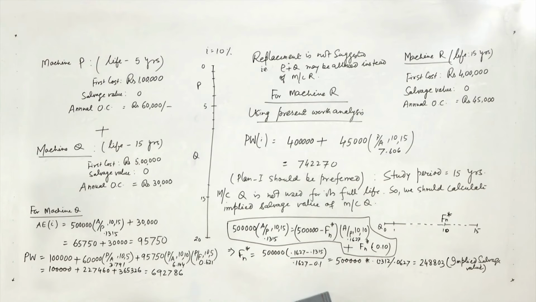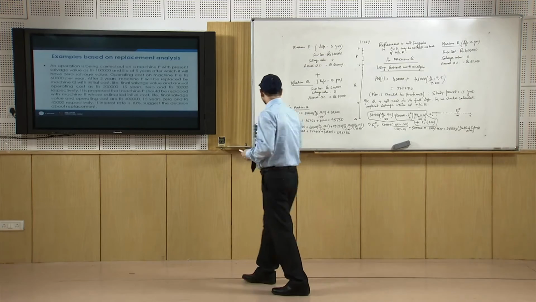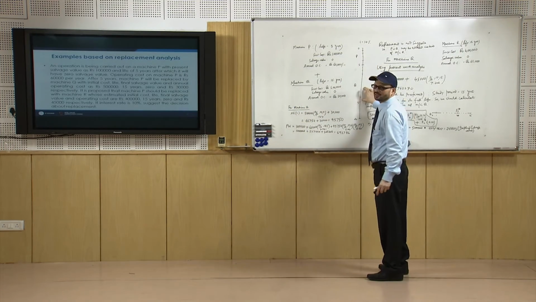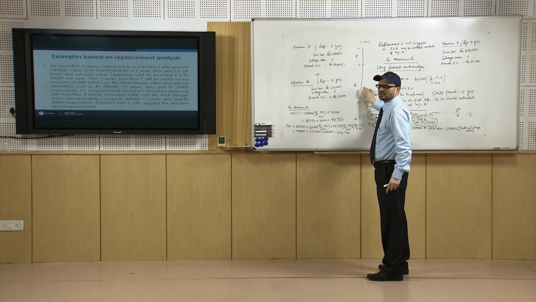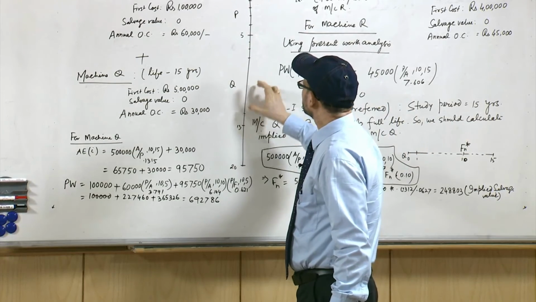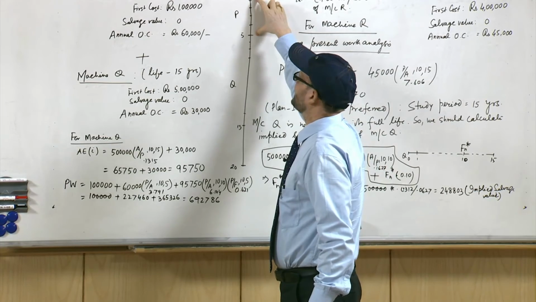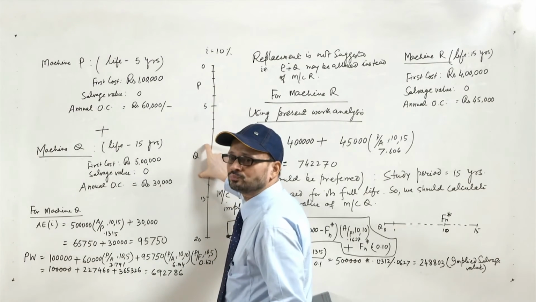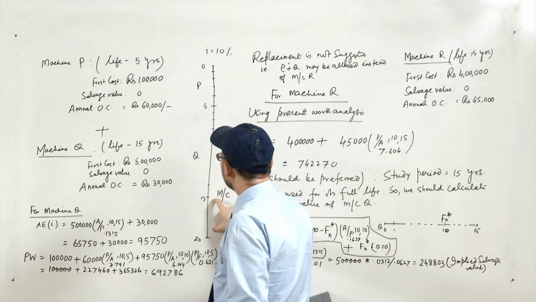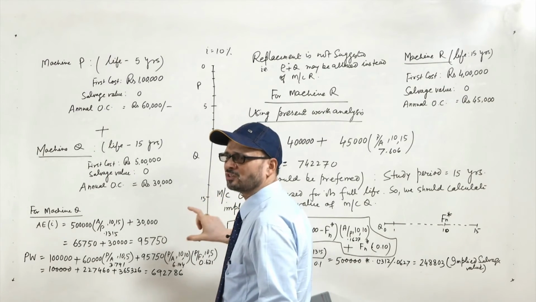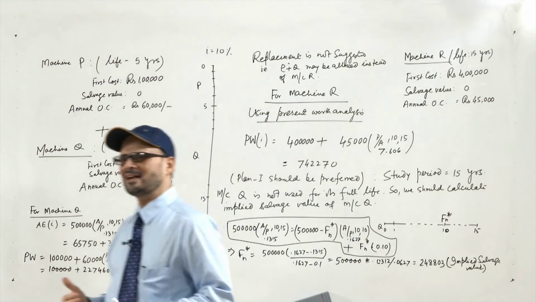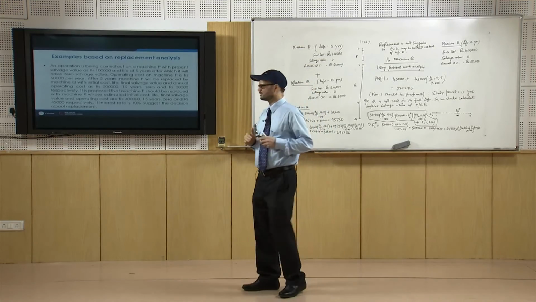Now, there is another way this question can be solved. What we have seen is we have taken the 15 years. Among that 15 years you have the full life of P as 5 years plus 10 years of life of Q, and 5 years of life of Q is not taken into account, whereas on the other side machine R has 15 years.